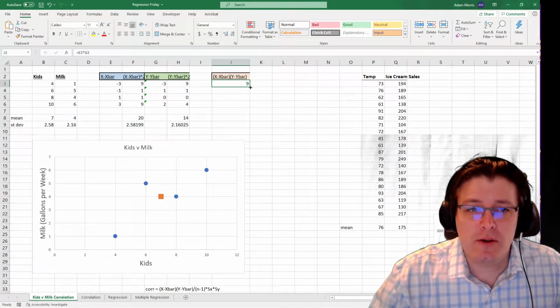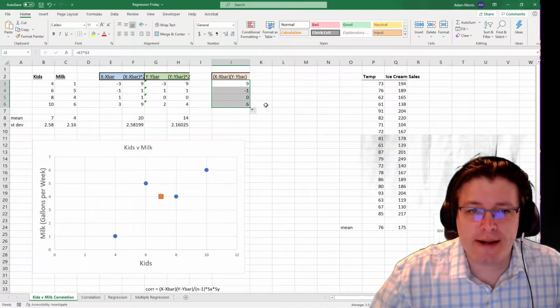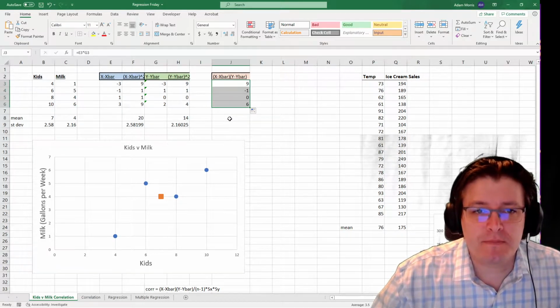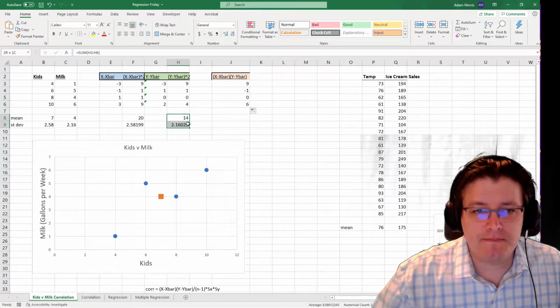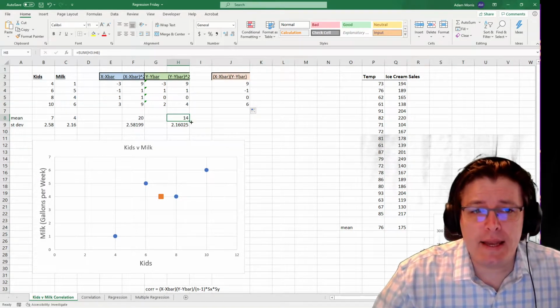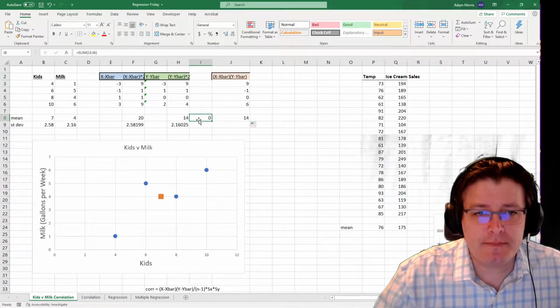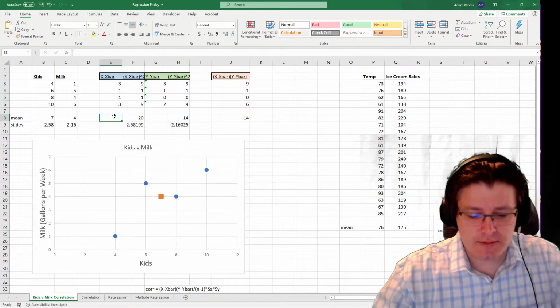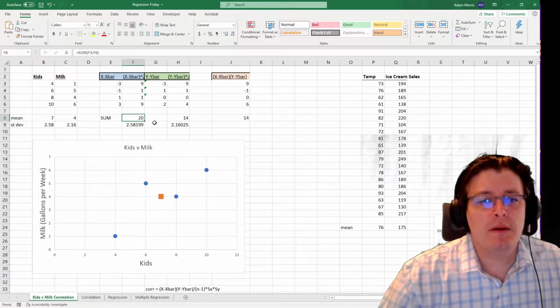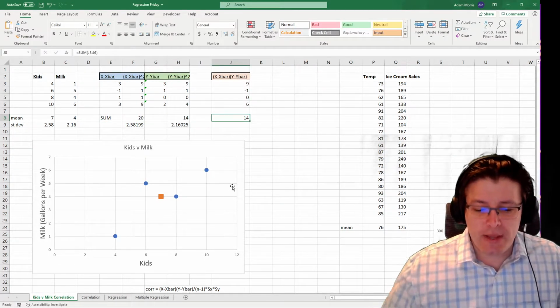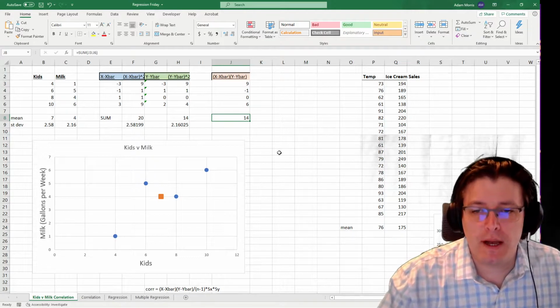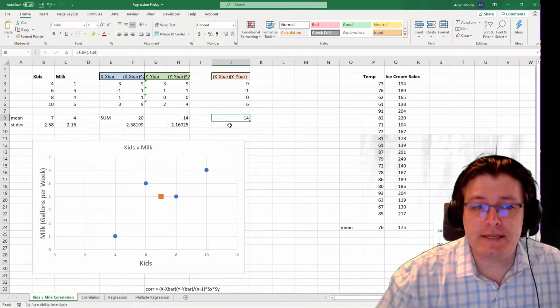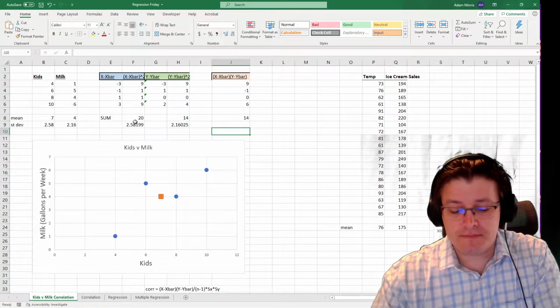Okay, so we're making a rectangle and not squaring it. And then let's go ahead and just pull this over. We're going to add those up. So this is really the sum. Okay, and so we have 14, but of course that is not the correlation.